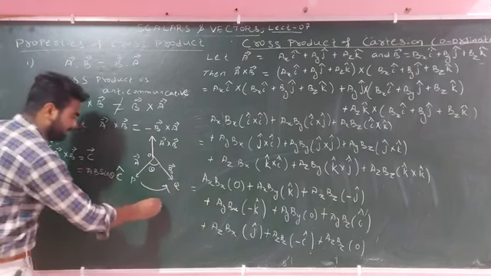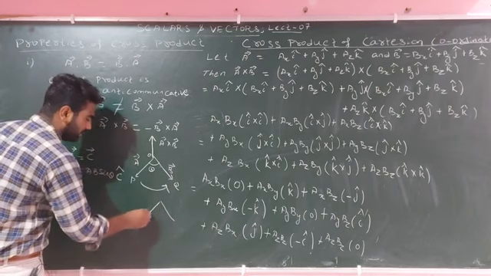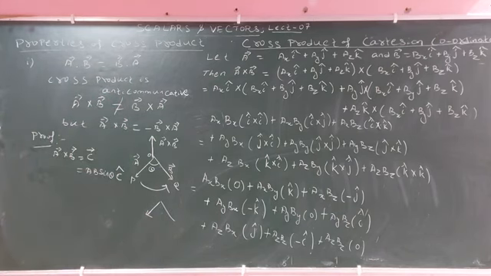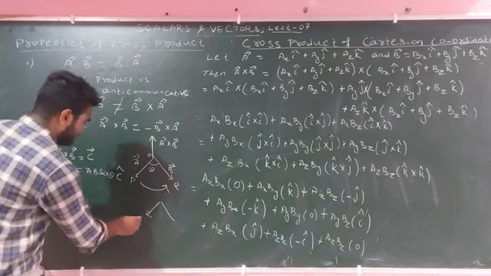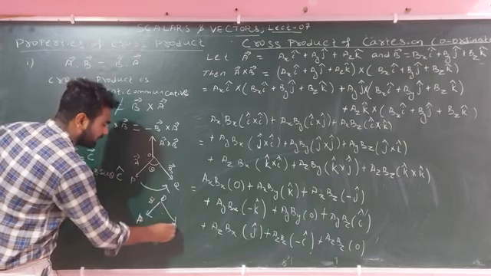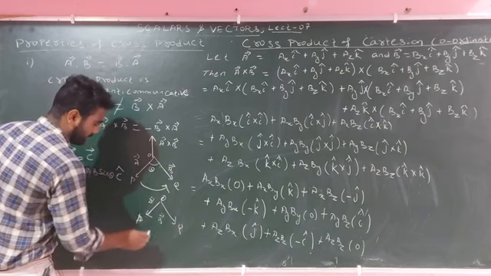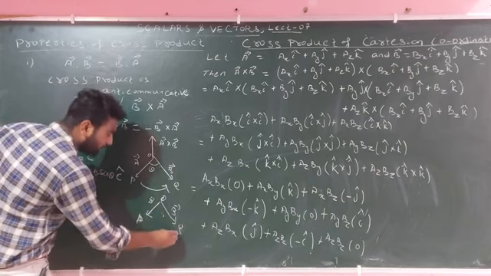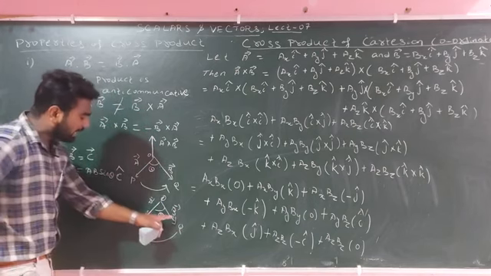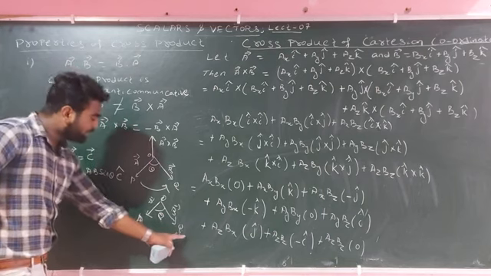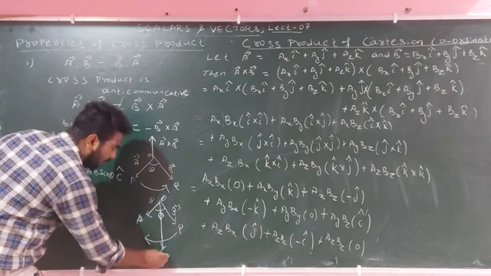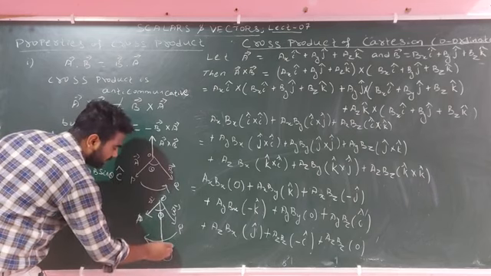Now consider B cross A. Similarly, this is your OP, A vector, and this is your B vector. If we move through the smaller angle from B to A, or in the clockwise direction, then the direction is downward.